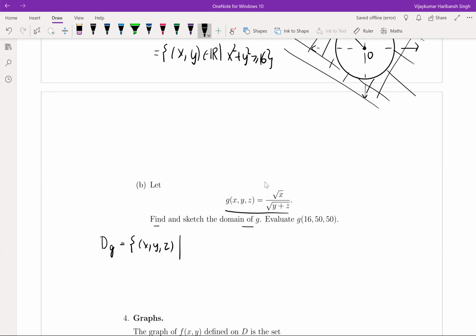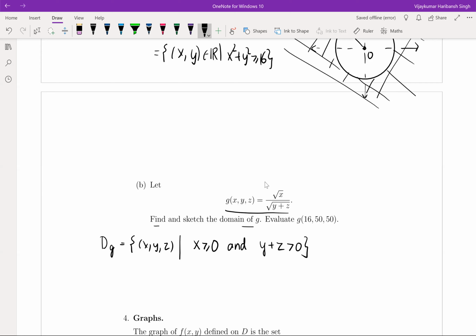It's a function from part of 3D space to R. Since we have the square root of x on top, we need x greater than or equal to 0. And since we have the square root of y plus z, the inside of the square root should be greater than or equal to 0. Since we're dividing by it, we need y plus z to be greater than 0. So this is what your domain is.